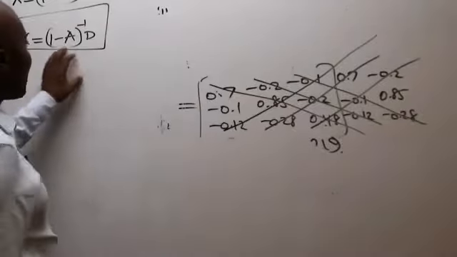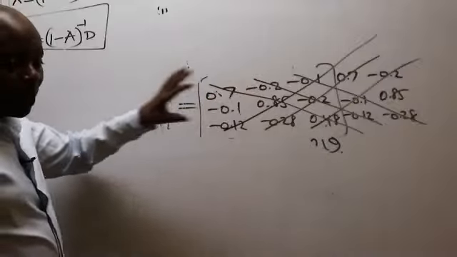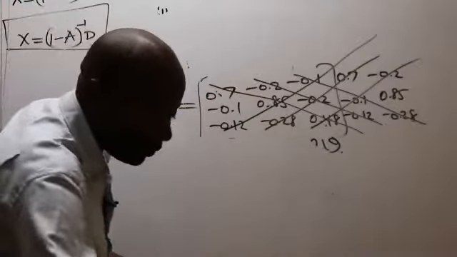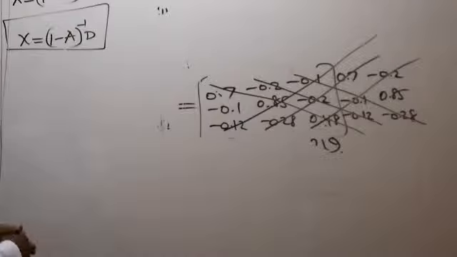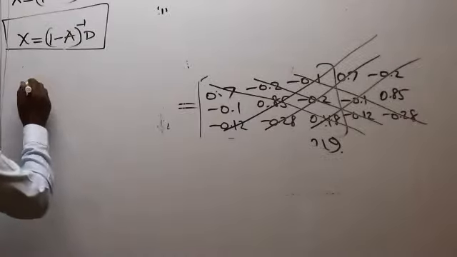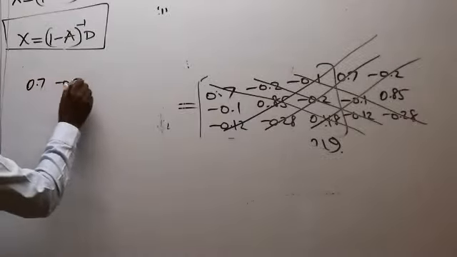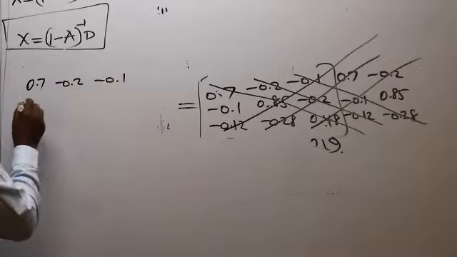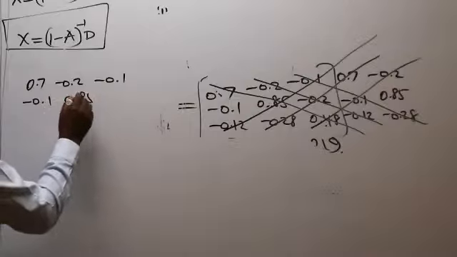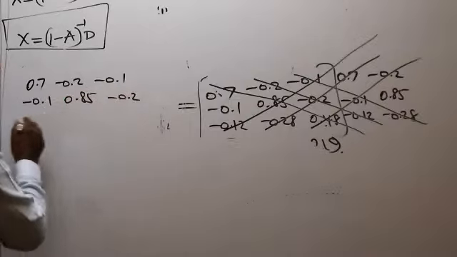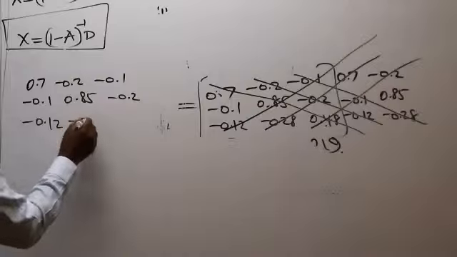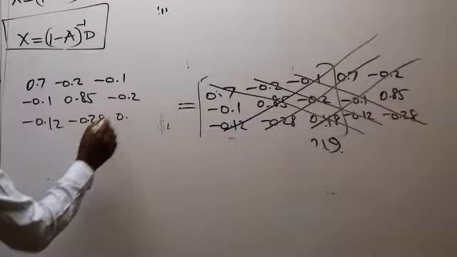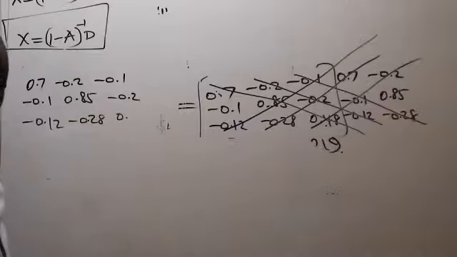We want to inverse I minus A. This matrix is the one we want to inverse. So to inverse it, I've been able to get its determinant. Now I want to get the minor elements. So what am I going to do to get the minor elements? To get the minor elements, minus 0.1, 0.85, minus 0.2, minus 0.12, minus 0.28, 0.